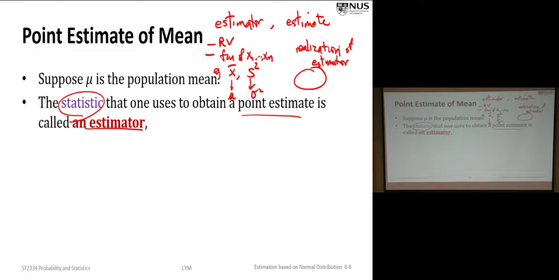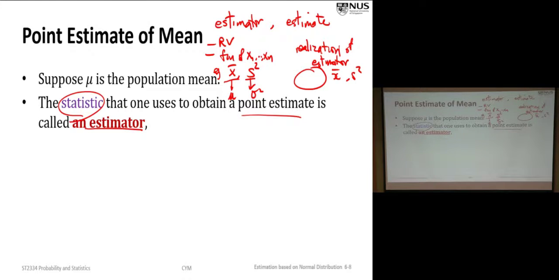But in general, I just say that I take a sample. So the sample is represented by capital X1 up to Xn. So the estimator is a function of this capital X1 up to Xn, like the X bar and S. For estimate, we use the lowercase, which means that this is really a number. And how do we get this number? After we take the sample, look at the sample and get those numbers from the sample.